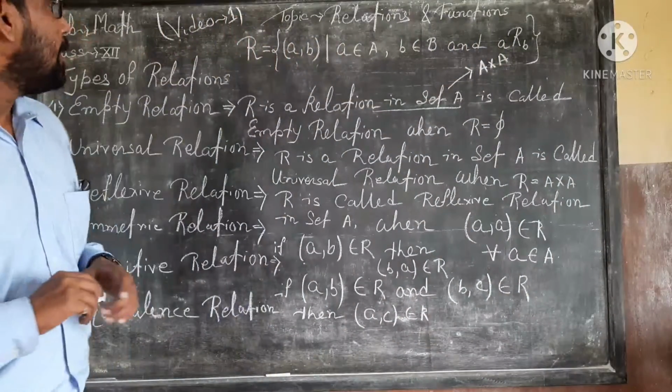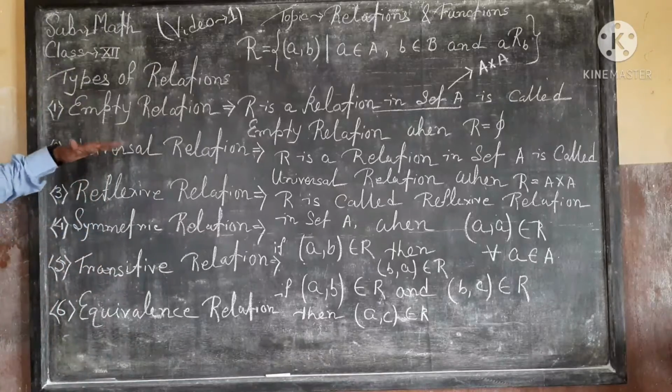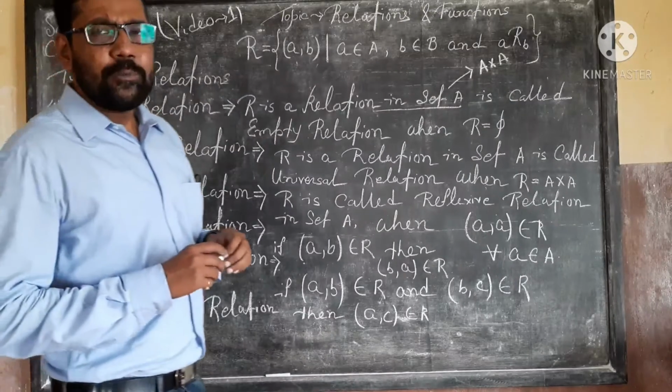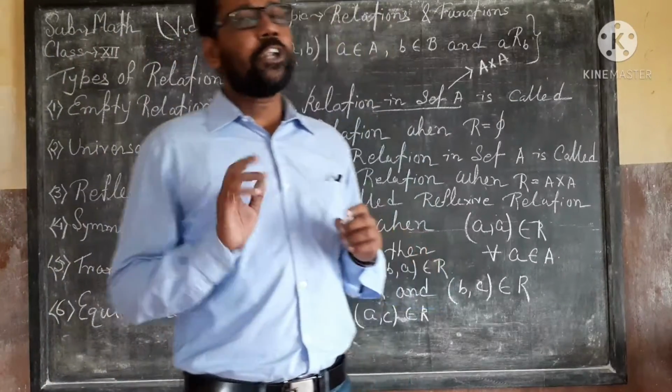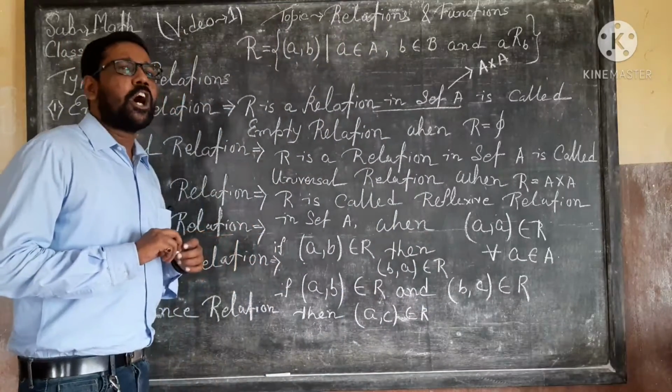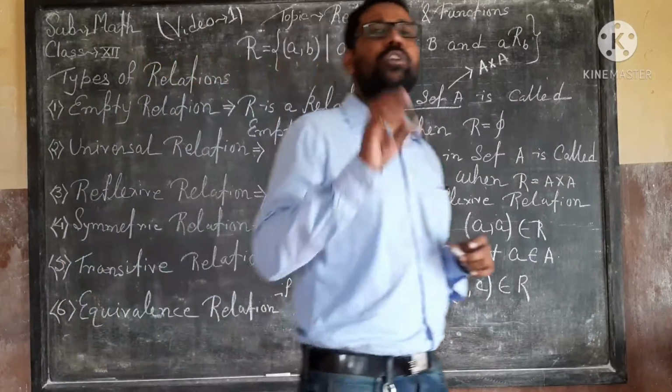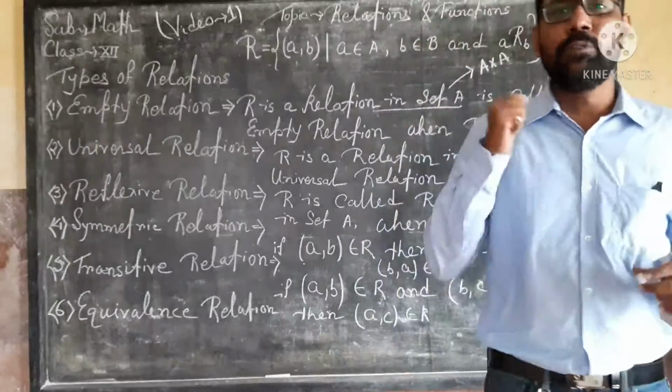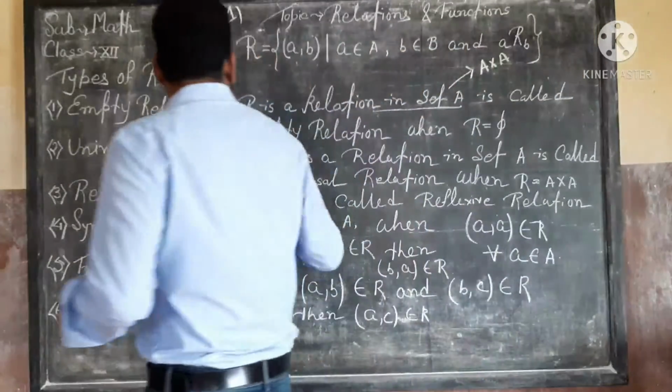Next type, the universal relation. What is the condition to find out whether a relation is a universal relation?